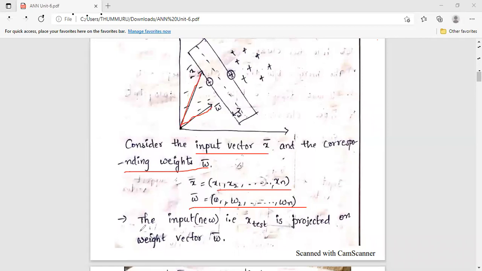Assume the new input is called x test. The new input x test is projected on the weight vector w bar.